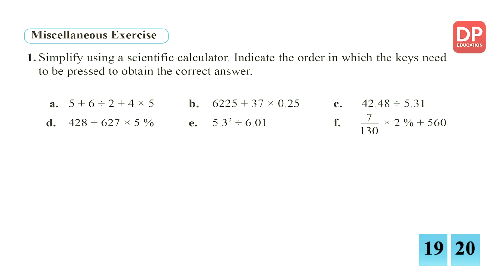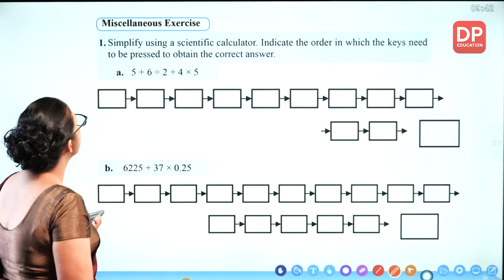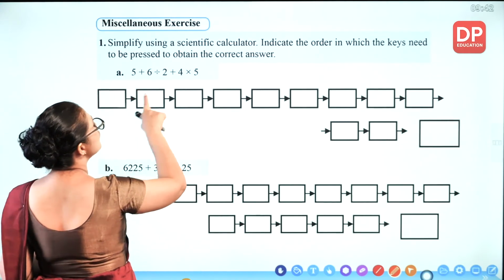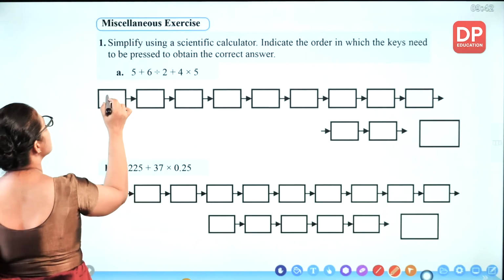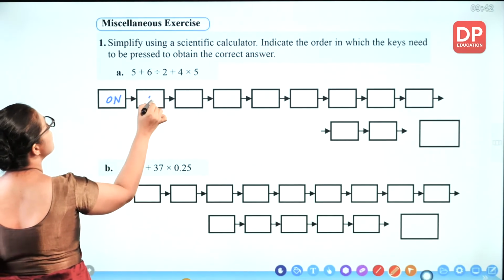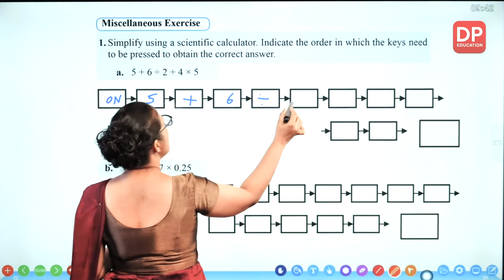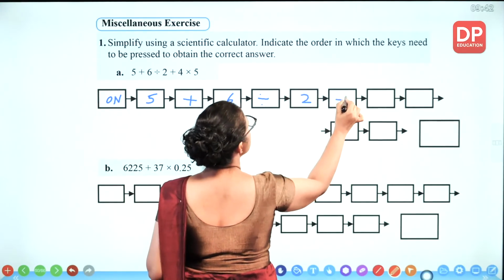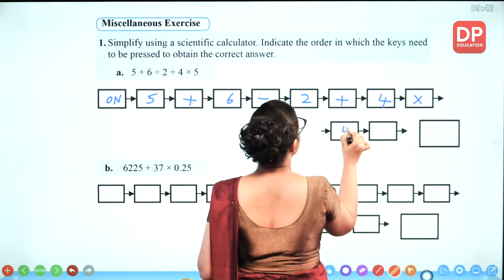Miscellaneous exercise. Simplify using a scientific calculator. Indicate all the keys to be pressed. So this one, you don't need an order. You can just type it. Switch on the calculator. 5 plus 6 divide by 2 plus 4 times 5.